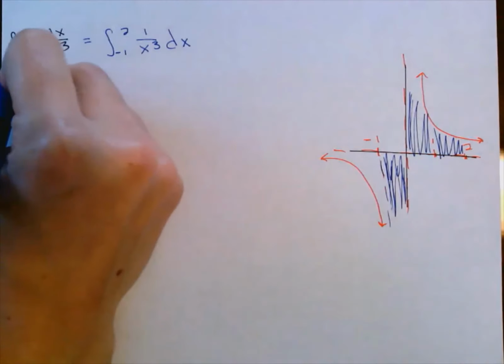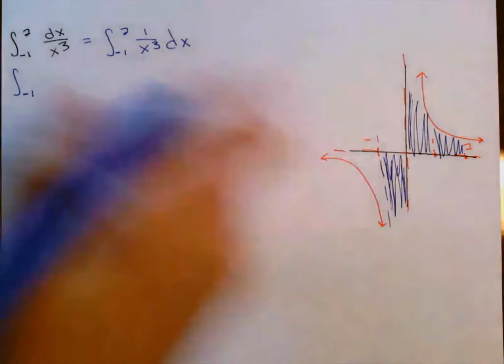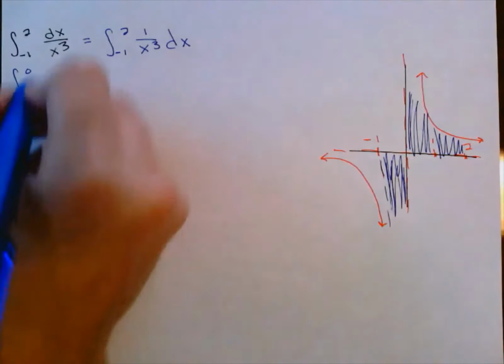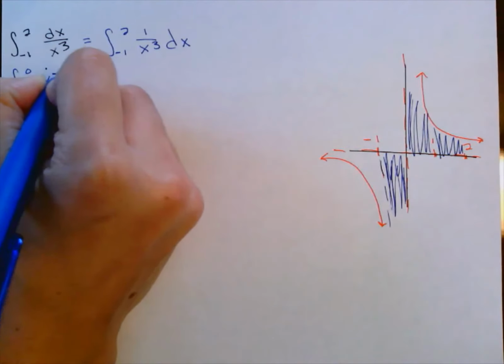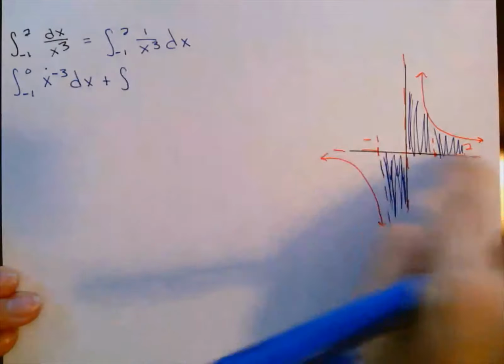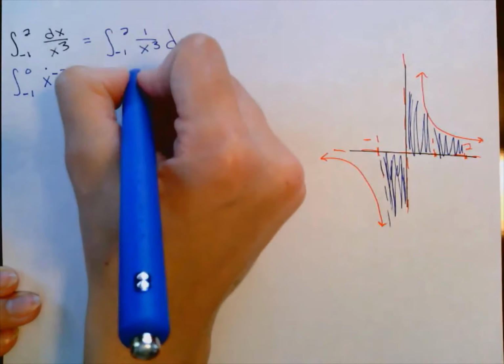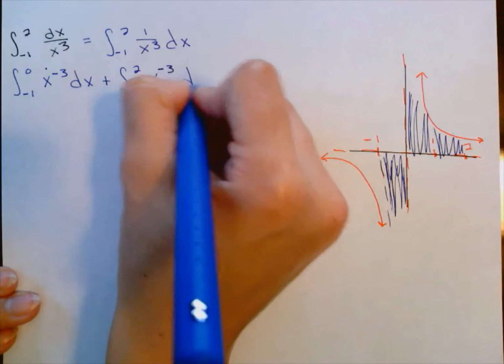We're going to have to call this the integral from -1 up until 0, which is going to be my first problem area, and I'll already go writing this as x to the -3rd, plus from 0 to 2, because 0 is a problem area. Okay?